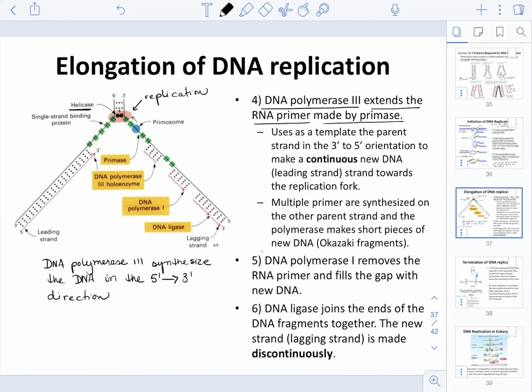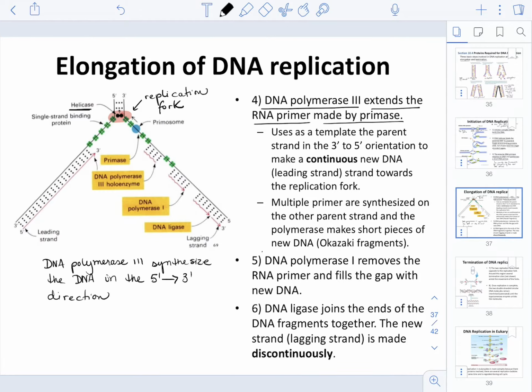So in the replication fork, that's where our parental, template DNA is unzipping. Now, remember, DNA polymerase is going to be synthesizing these new DNA strands in the 5' to 3' direction.